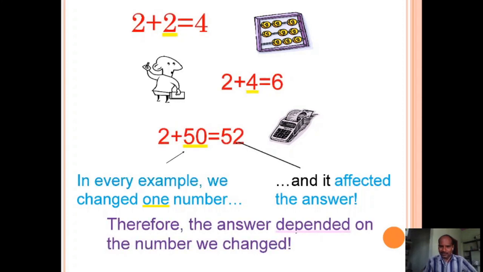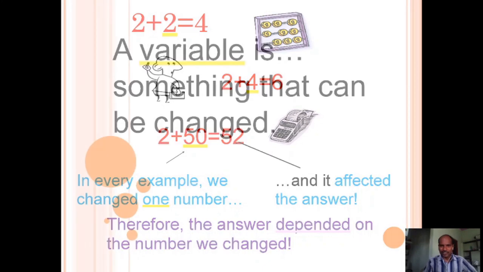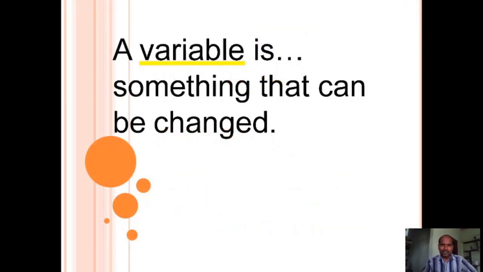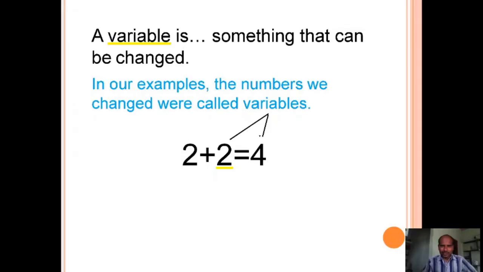Therefore, the result depends on the number we change. The variable, something that can be changed, is treated as the independent variable. In our examples, the numbers we changed are simply called the variables, whether independent or dependent.